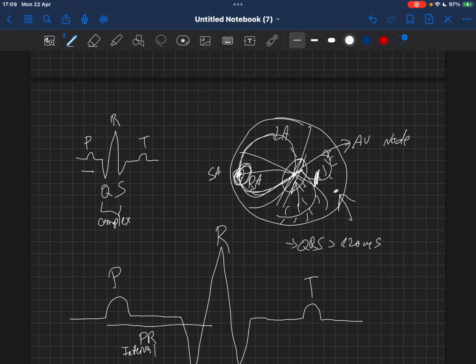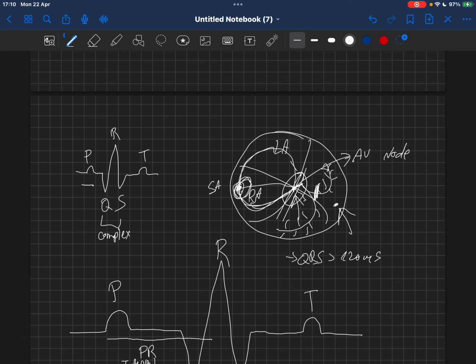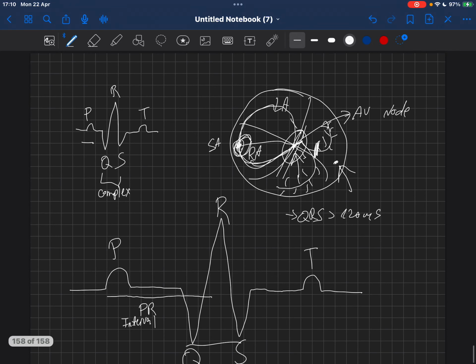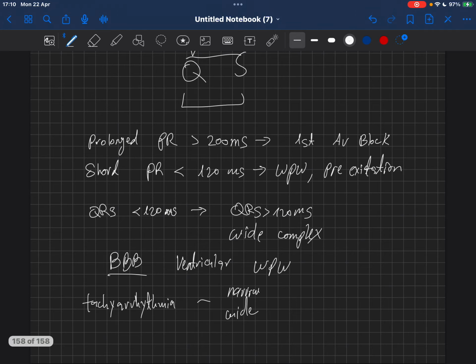That is why in the algorithm you can see that if the tachyarrhythmia is wide complex QRS but monomorphic and regular, you can also try to give the patient drugs that block the AV node, like adenosine. You can try it, and maybe it works and maybe it won't work.